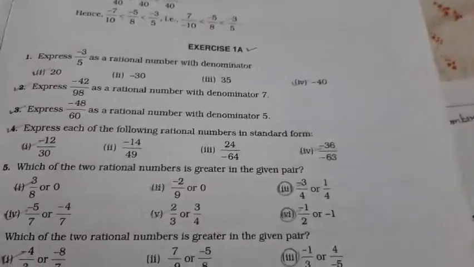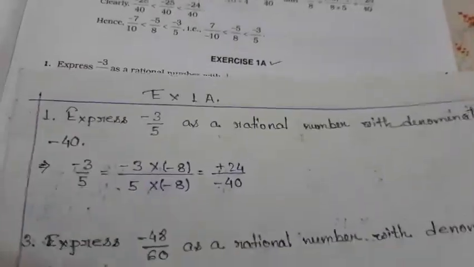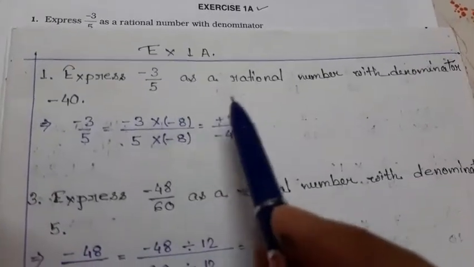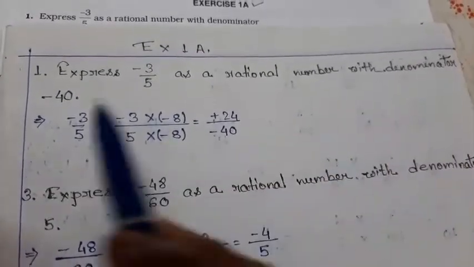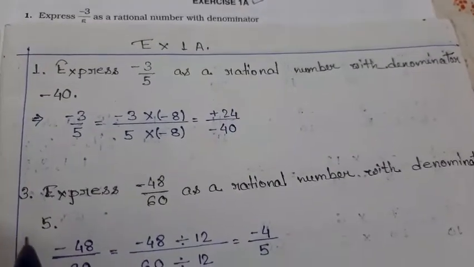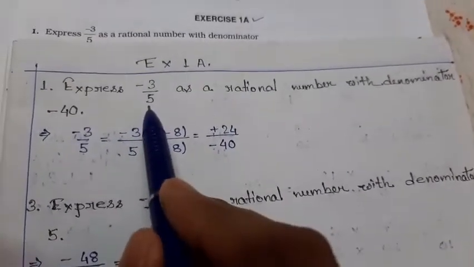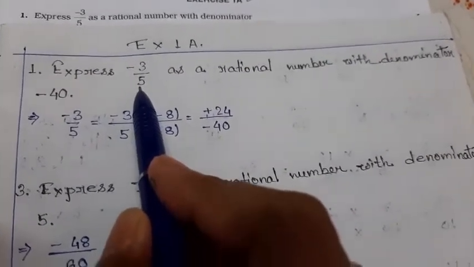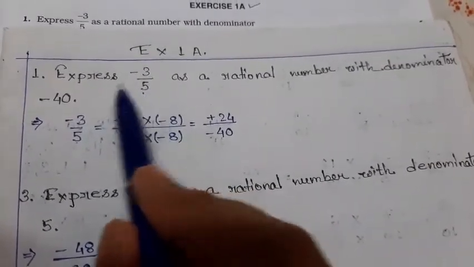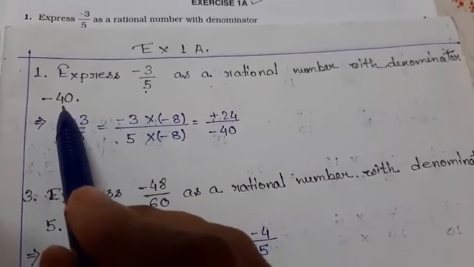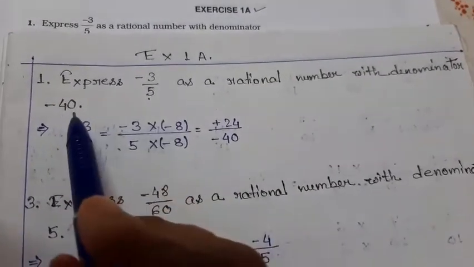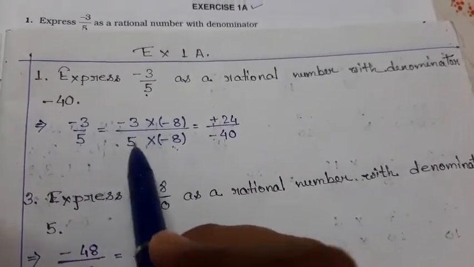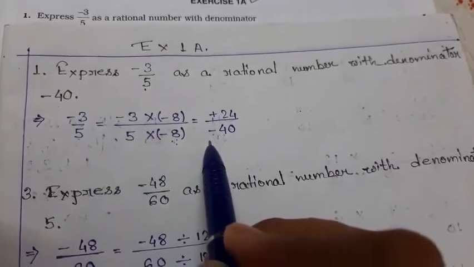Exercise 1A. Express minus 3 by 5 as a rational number with the denominator minus 40. You can see the denominator is 5 in the given rational number, and you have to convert 5 into minus 40. How can we convert 5 to minus 40? We have to multiply by minus 8. 5 into minus 8 equals minus 40.